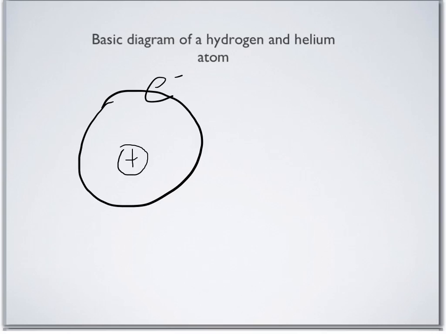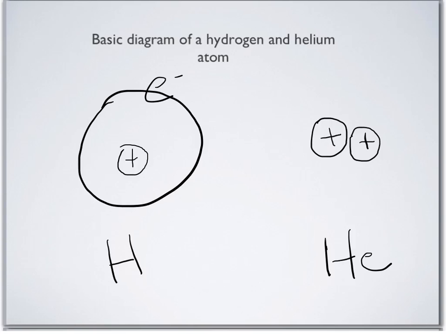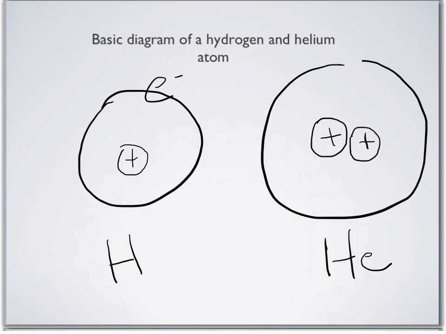In a helium atom, I'm going to have 2 protons. And because I have 2 protons, I'm going to need 2 electrons to balance out the charges.